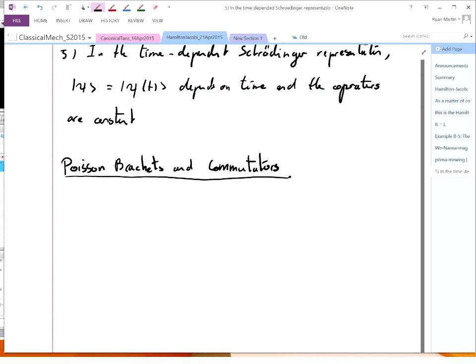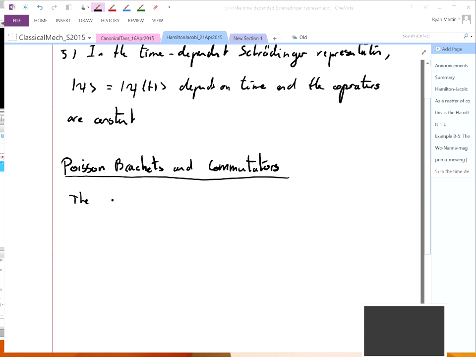And the two are related. I obviously don't have time to do a quantum mechanics course now, but hopefully you've studied some of the properties of the commutators of these operators. Just like we found that clever Poisson brackets with the Hamiltonian tell you how a system evolves with time, clever commutators between operators in quantum mechanics also tell you how the system evolves with time.